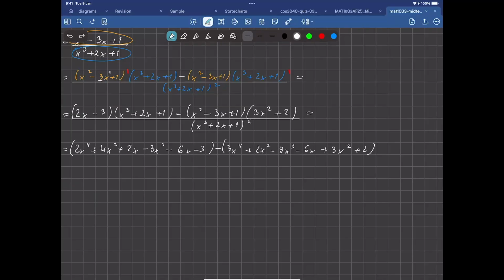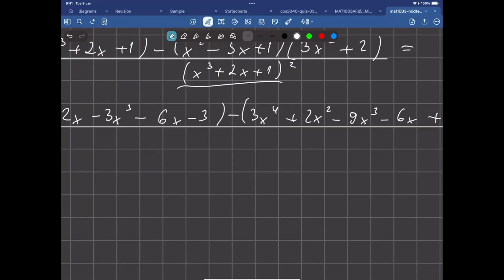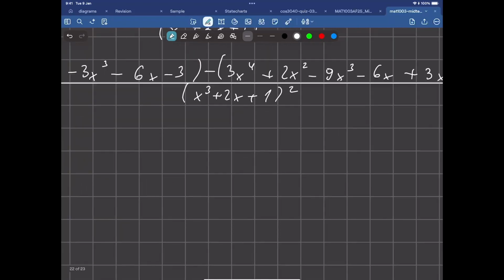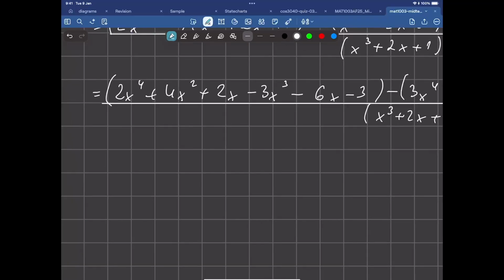And then in the denominator, wow, what a long expression. In the denominator, I keep this like that. You could expand it, but it's slightly harder, so just keep it at that. Okay? And I'll keep going. We need to further expand. So these will remain unchanged now.